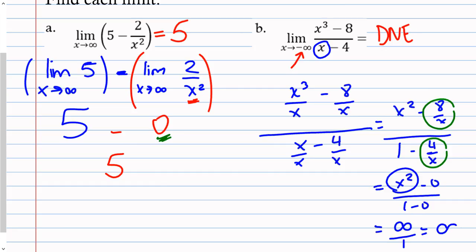So infinity. See, "does not exist" is okay, but sometimes you actually need to tell me which one of the infinities this is headed towards. Because "does not exist" usually means yes, it's headed towards infinity, in which case we don't know what that is, therefore it doesn't exist. A limit does not exist because it is unlimited. But sometimes I actually need you to tell me whether it was headed towards infinity or negative infinity.